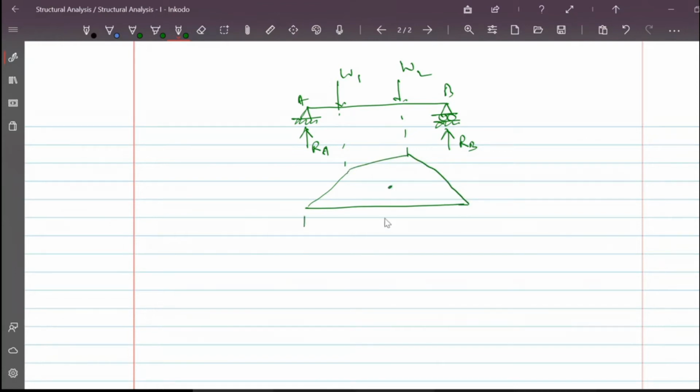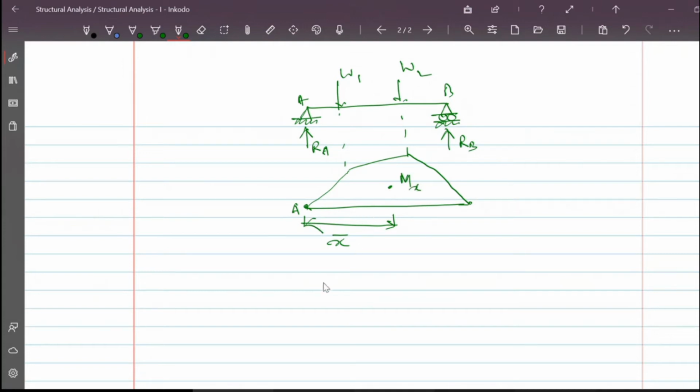Let's say this is the CG of the free bending moment diagram, at X bar distance from support A, and this is M subscript X.